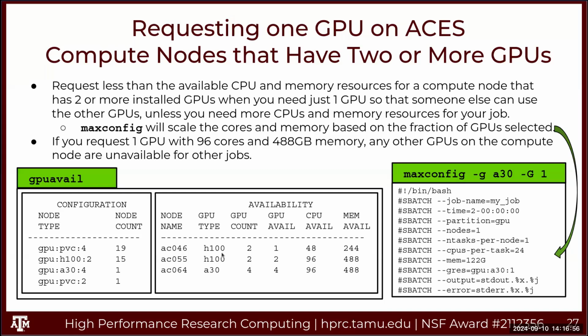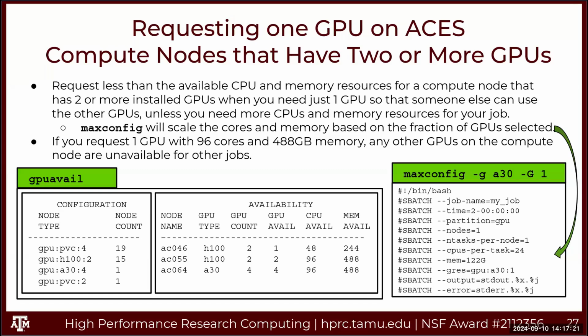For example, if you're only using one H100 and the node has two H100s, then you don't want to schedule all the memory and all the cores, because then that ties up the entire compute node with your job, and the other GPU that's not allocated for your job is unavailable for other jobs because there are no cores and memory available.